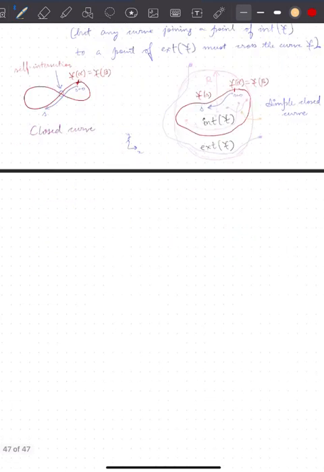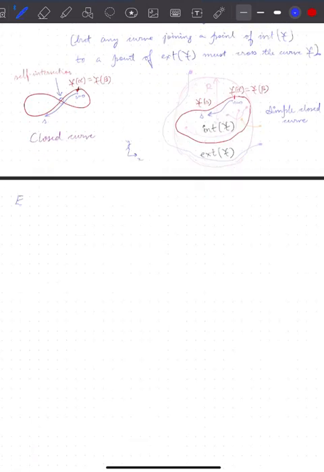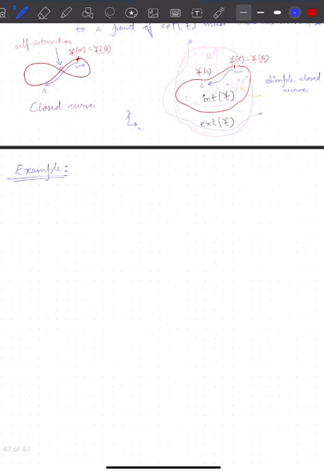Now, let's take an example. The example is the ellipse, gamma vector of t equal to p cosine of t and q sine of t, where p and q are non-zero constants.